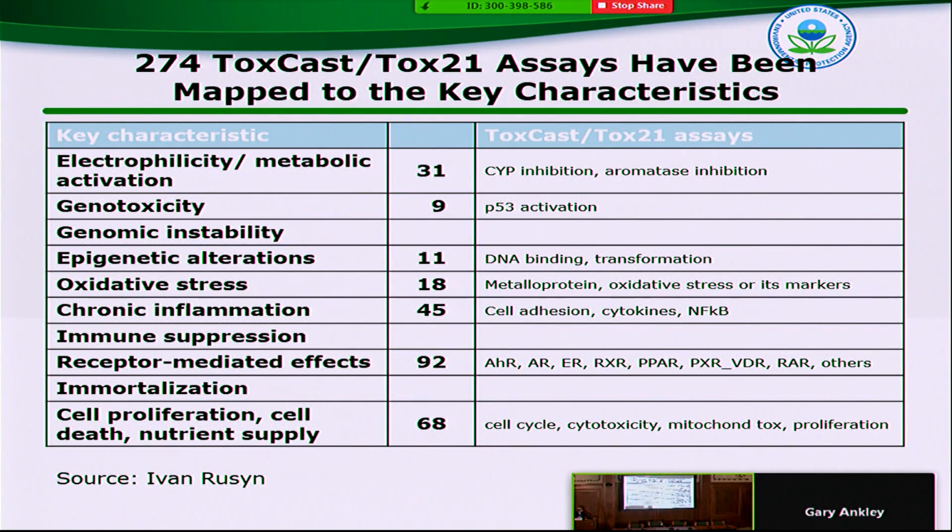But there are some, like genomic instability, which is really very important up front, immune suppression, and immortalization that aren't covered by any of the assays. And for some of the others, there's not a lot of Tox21, ToxCast assays. So this points to where we might want to develop assays for these characteristics.